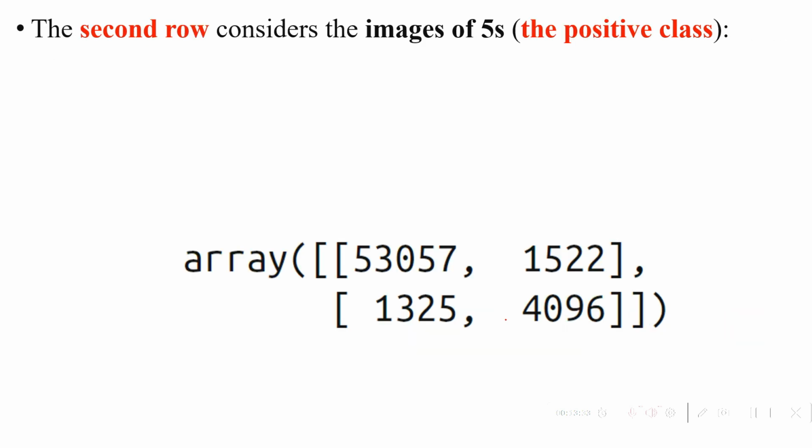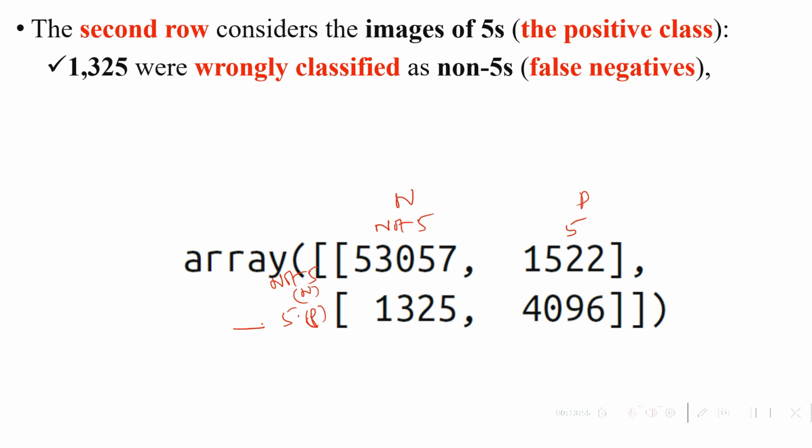These are called false positives. The second row contains the positive class, that is 5. Out of these, 1,325 are wrongly classified as not 5.